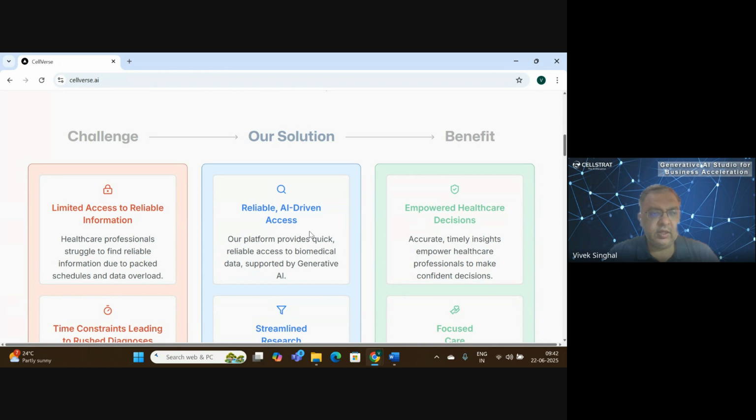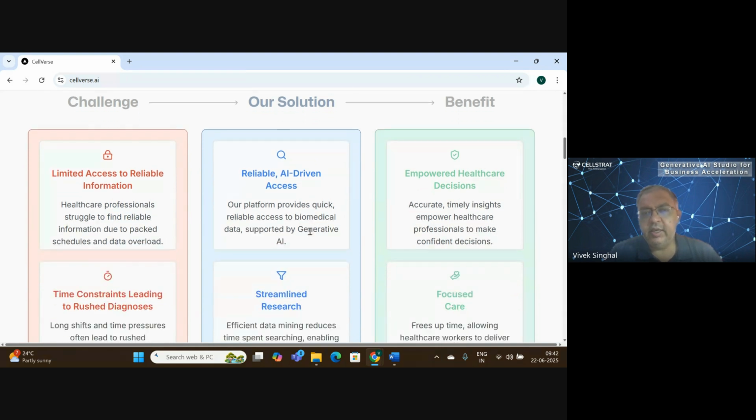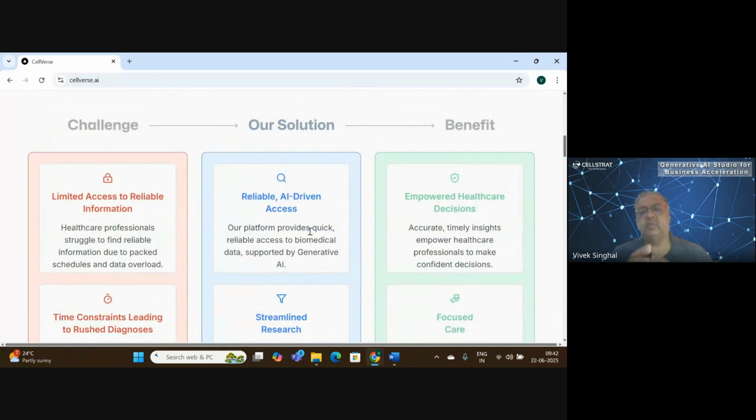Global healthcare spend is around $20 trillion. It is a massive area, and still a large population of the world is bereft of quality healthcare due to a multitude of reasons.